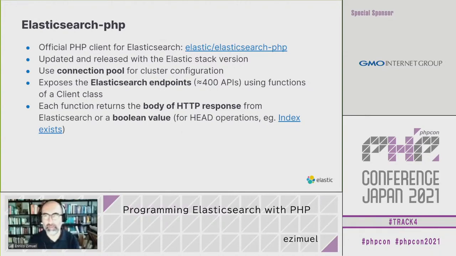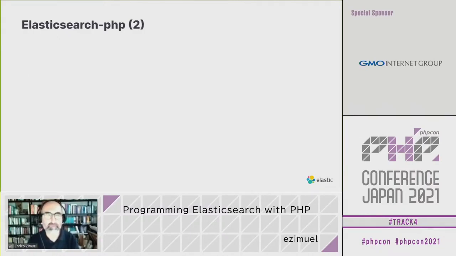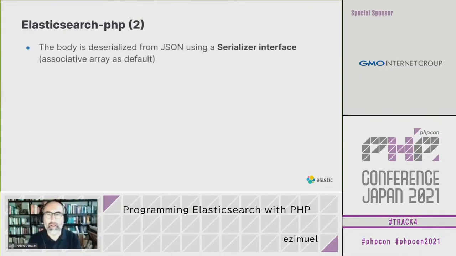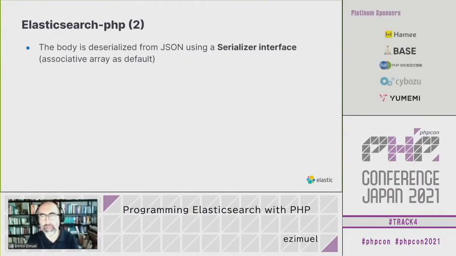For some APIs that are head operations, head as the verb of the HTTP connection, the response is a Boolean value, so it's true or false. As I said, the body is automatically deserialized from JSON into an associative array, and this is the default behavior. But if you want, you can change it.